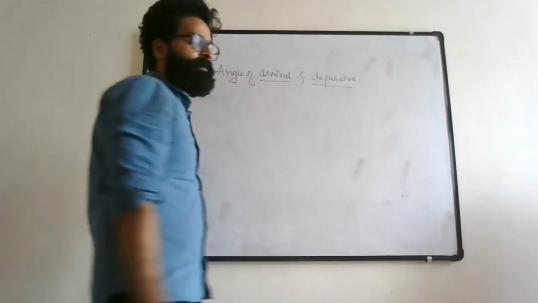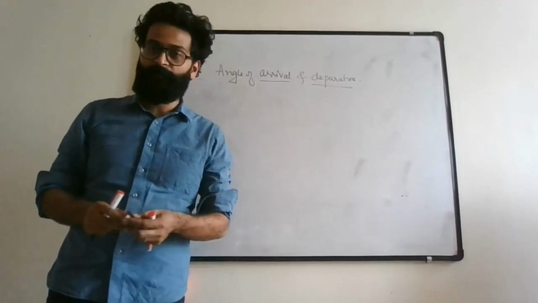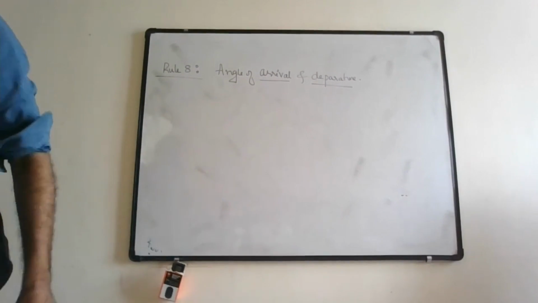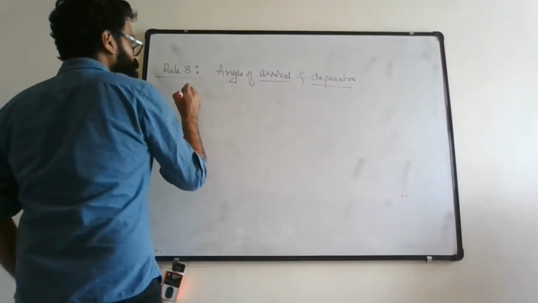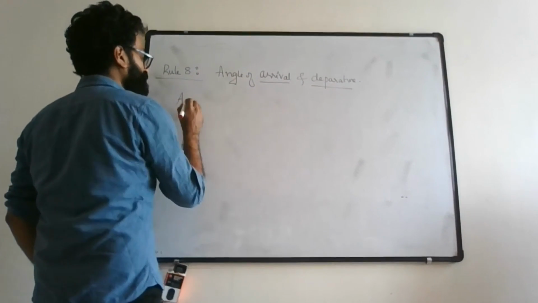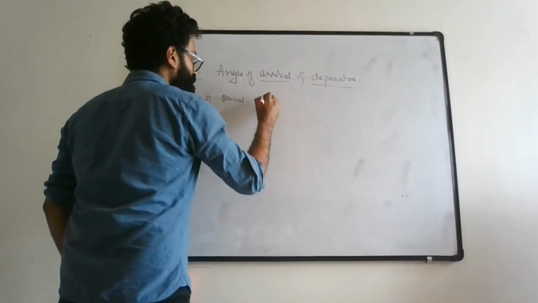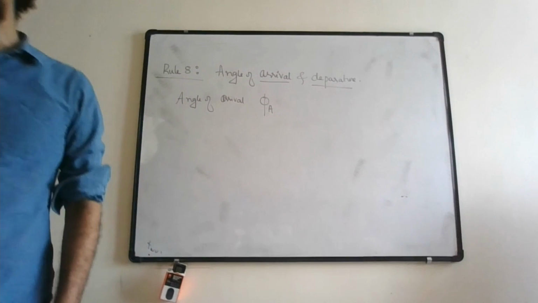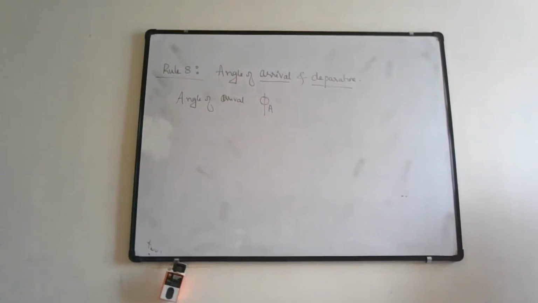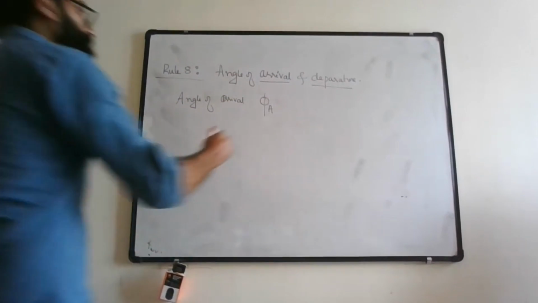Arrival and departure, similar to your arrival flight and departure flight. First, let us consider angle of arrival. Angle of arrival is denoted by phi a, and phi a is written as (180 plus phi).